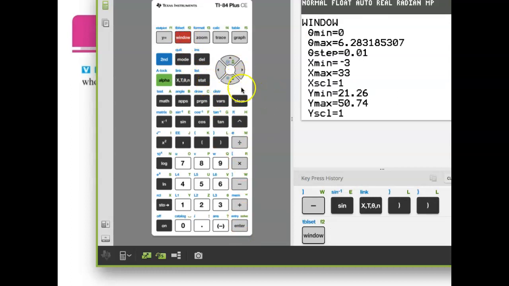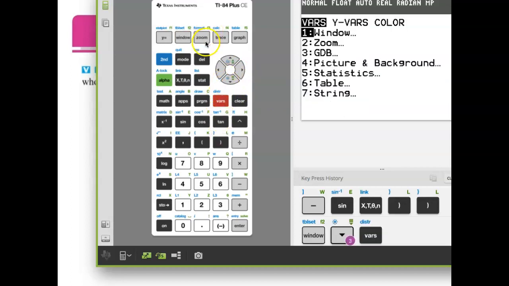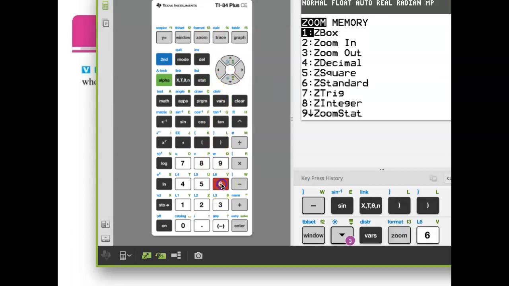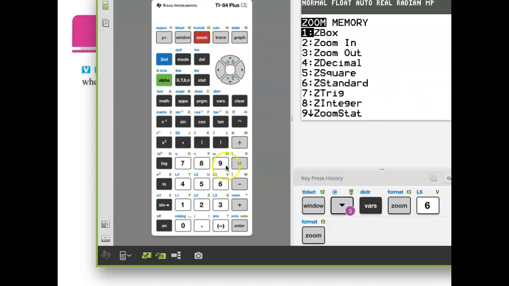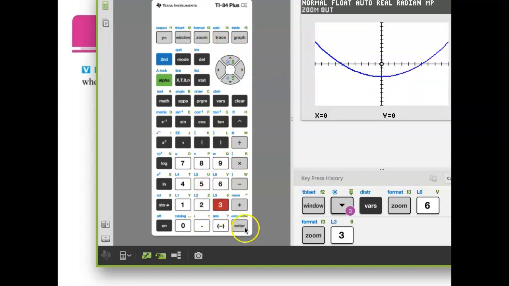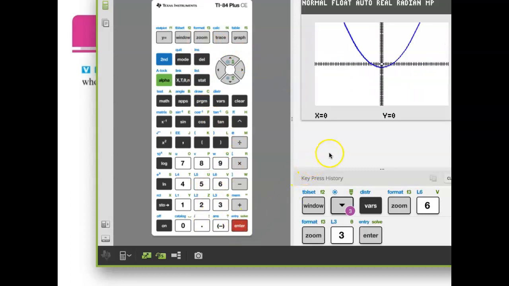Let's see, my window, I should only need to go from 0 to 2 pi. There we go. So we got our focus at the origin. We got our directrix below at y equals -6. And we have a parabola.